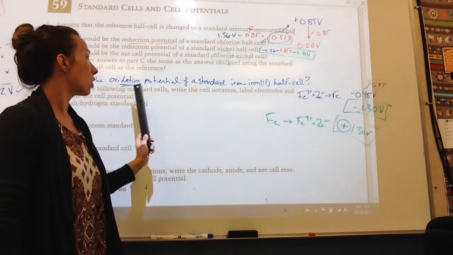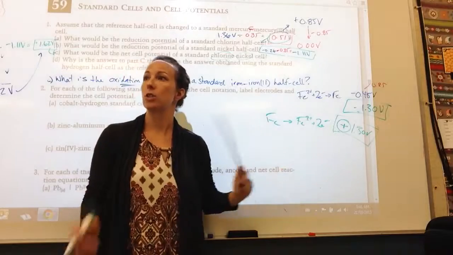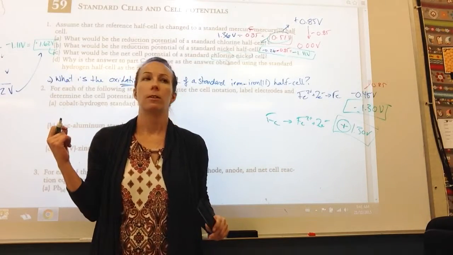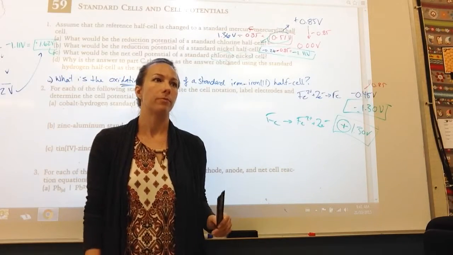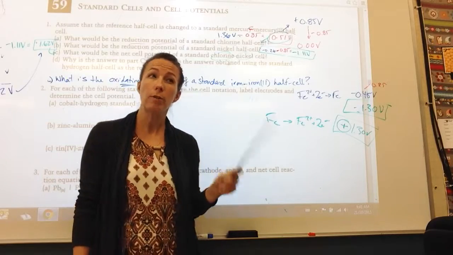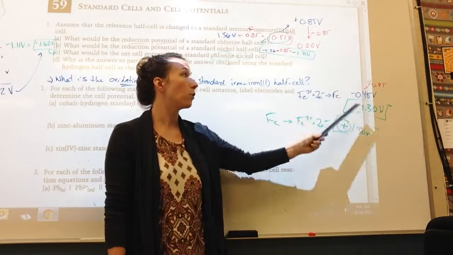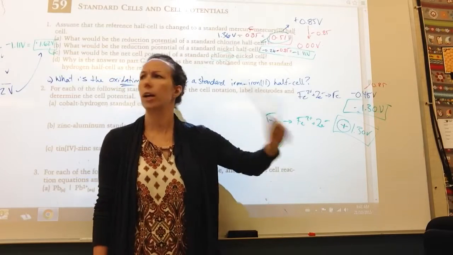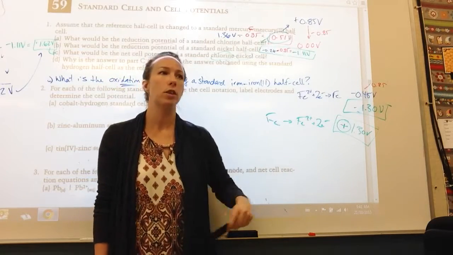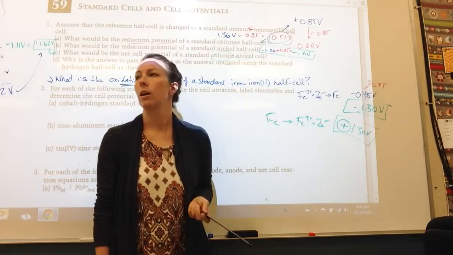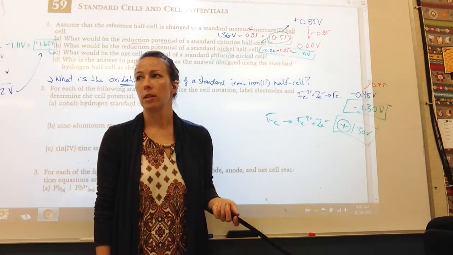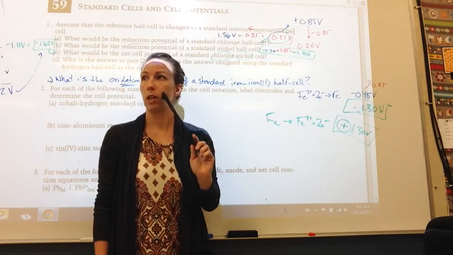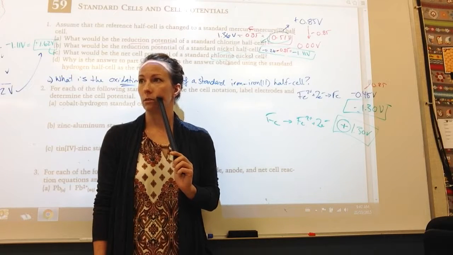So if they ask you for the oxidation potential, you have to flip the sign because you're flipping the reaction, because all of these are in reduction. But the first thing you have to do is figure out what the voltage would be for the reduction. Because you're looking at a whole table of reduction, you're talking about reduction the whole time. So the first thing you have to do is the same thing you did for A and B. Then flip it. If you flip it too early, you get the wrong answer. Okay?